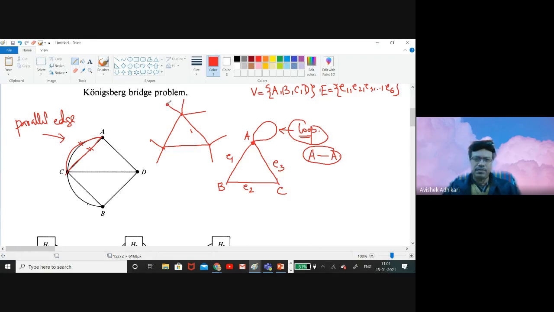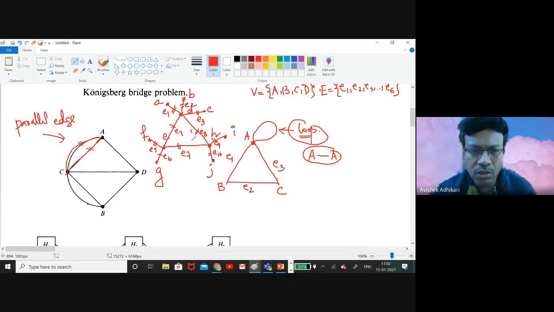It has many vertices, A, B, C, D, E, F, G, H, I, J. There are 10 vertices and there are edges: E1, E2, E3, E4, E5, E6, E7, E8, E9, E10.